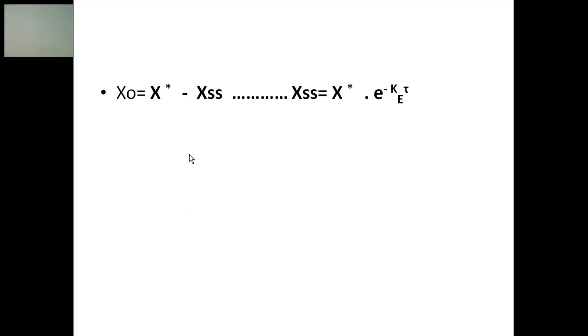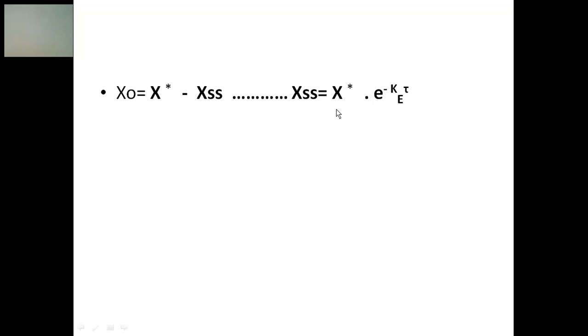Further, we can say that the steady state concentration equals x star multiplied by e to the power minus k tau. As I said, if you consider x star as the initial dose, which is your loading dose, then after going for some elimination, you are achieving the steady state concentration, that is xss.